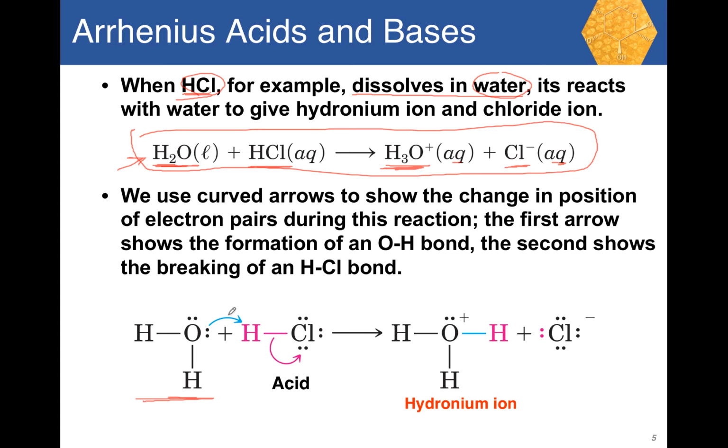We often use arrows to indicate electron movement to form and break bonds. Here's an arrow showing that these electrons are bonding to this hydrogen to form the hydronium ion. So these electrons are now right here. In the process, it took that hydrogen.